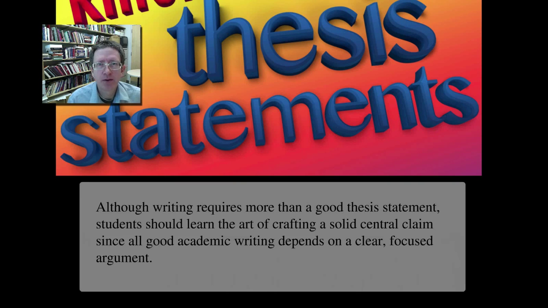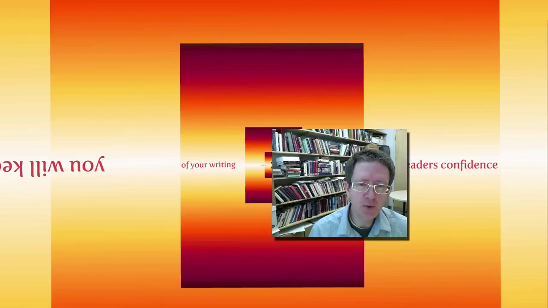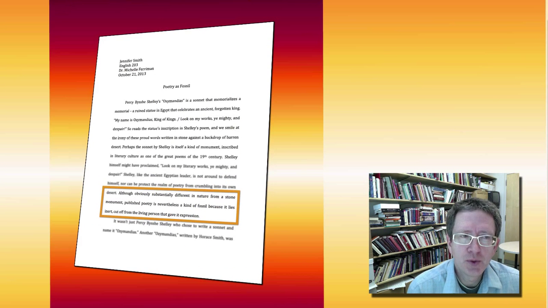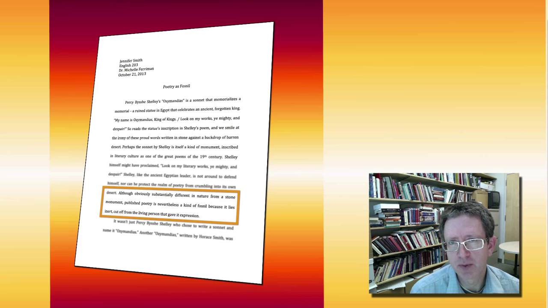Now let me tell you what I'm going to do in this little lecture. First of all, I'm going to take you to the thesis statement and ask, what does it do? What's its function within good writing? And then I'm going to give you a quick 5-step formula to generate your own thesis statements.